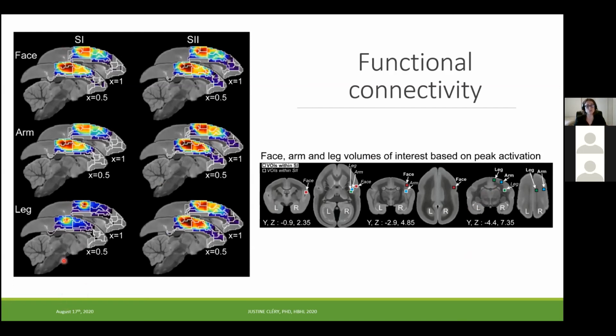We observe strong connectivity between VOIs defined in S1 and the posterior region, and with mid-cingulate areas for face and arm VOIs. VOIs defined in S2 show strong connectivity for both posterior and mid-cingulate areas for face, arm, and leg.